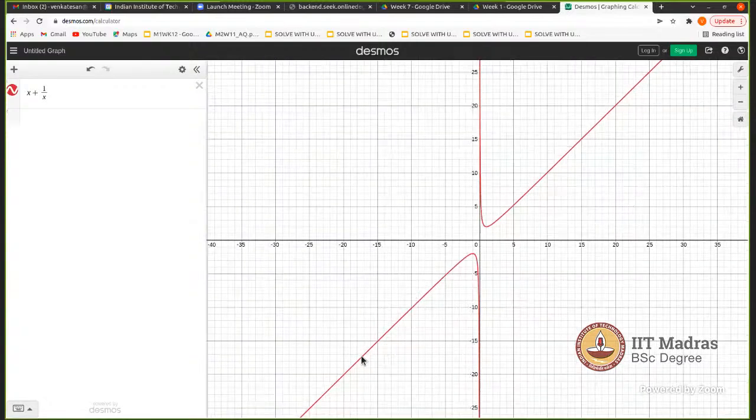You see, this function x plus 1 by x will come to -2, and again it will take values from 2. From -2 to 2, my function will not take values. You can see clearly, so it will not be surjective. From this graph itself, I can conclude every statement.